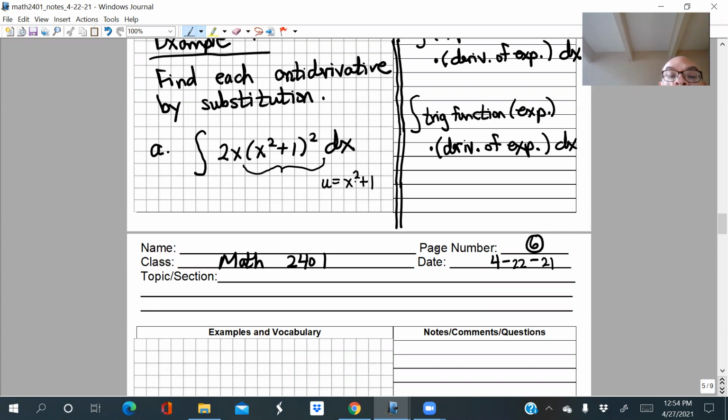Now, when you make that substitution, that makes the integrand look different. So now you have 2x times, remember the x squared plus 1, I'm going to call that u, so u squared, and then the dx.